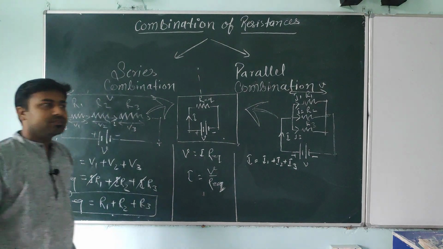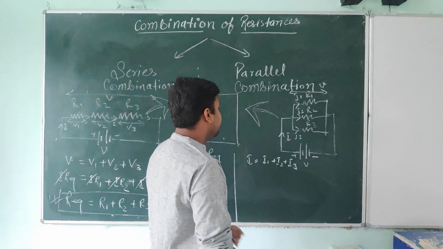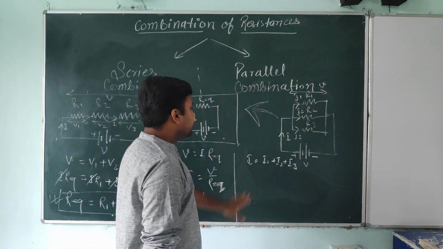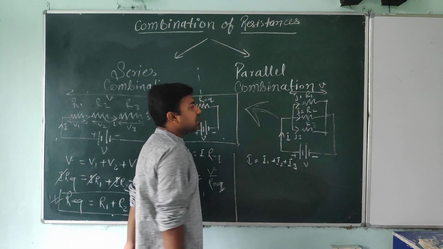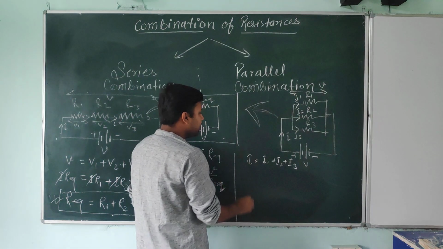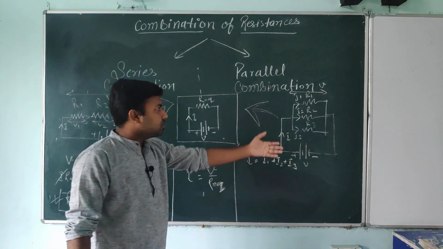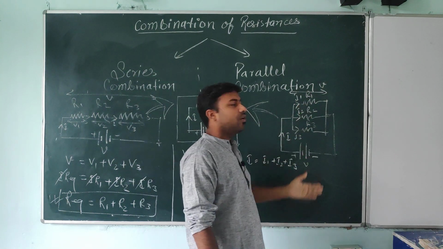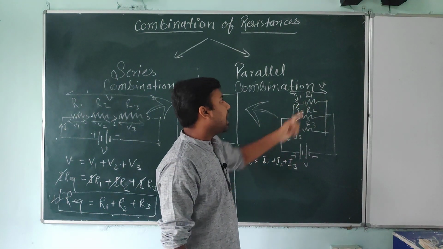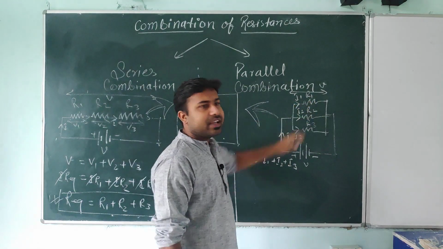I am going to discuss a few good examples also, then you can understand how to apply that formula. Now students, look at this. Here current I is divided in three parts, so I1, I2 and I3. Now if you apply Ohm's law again in this circuit, look at this, the potential difference across all is the same, V. So here I1 equals V by R1.